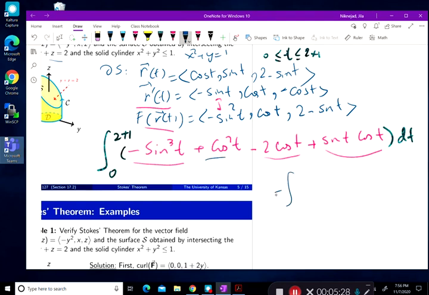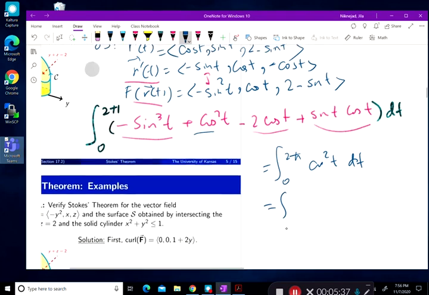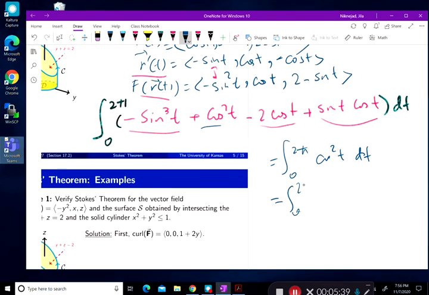This is going to be equal to the integral from 0 to 2π of cos² t dt, which is the integral from 0 to 2π of (cos 2t + 1)/2 dt.